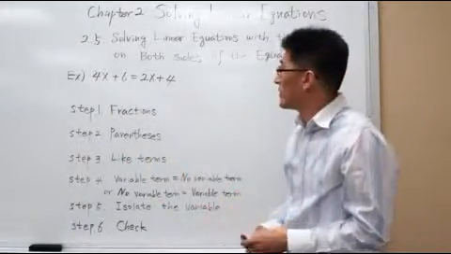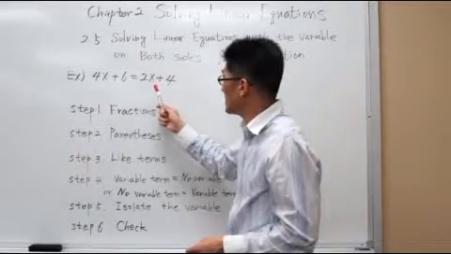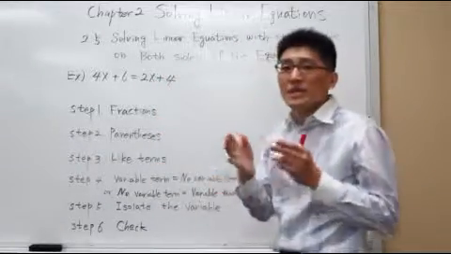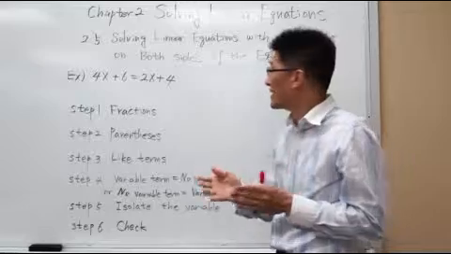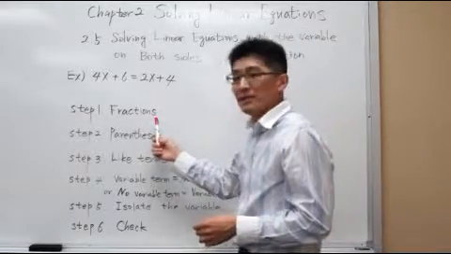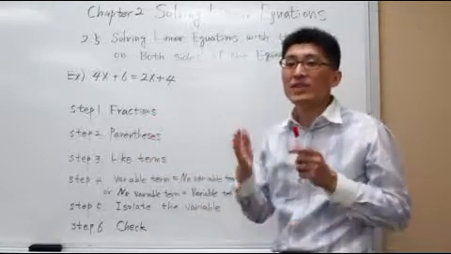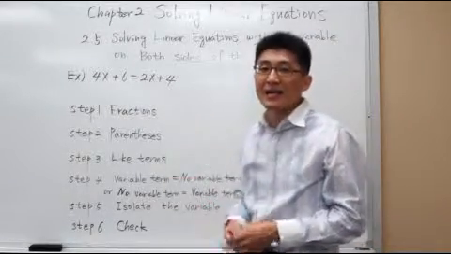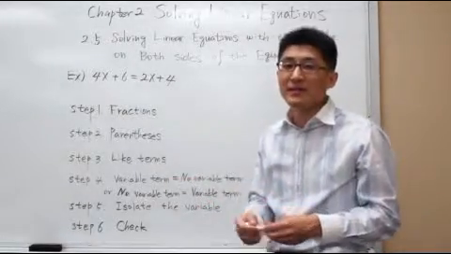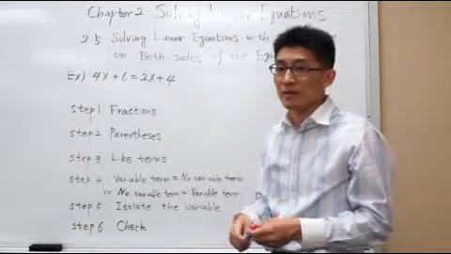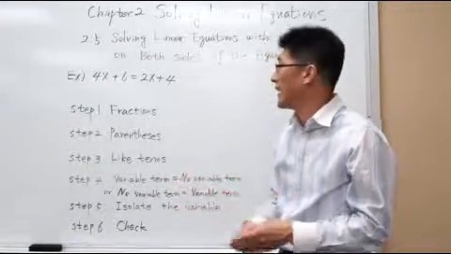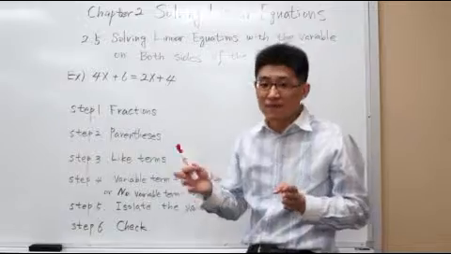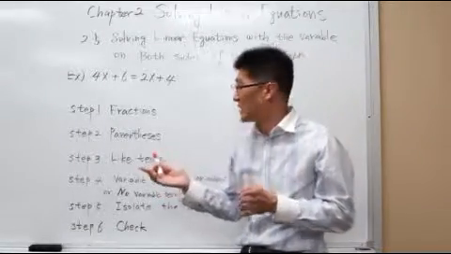The first step: when you look at the equation, if the linear equation contains fractions, then you have to eliminate them by multiplying by the least common denominator on both sides. Then you can eliminate the fractions from the equation.